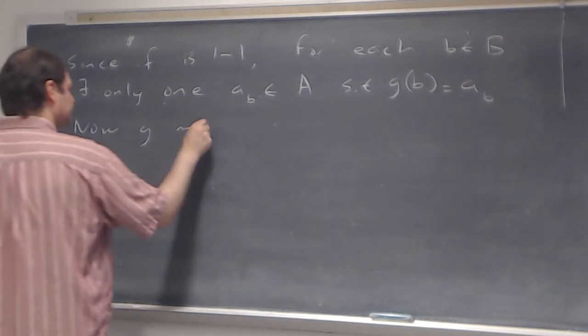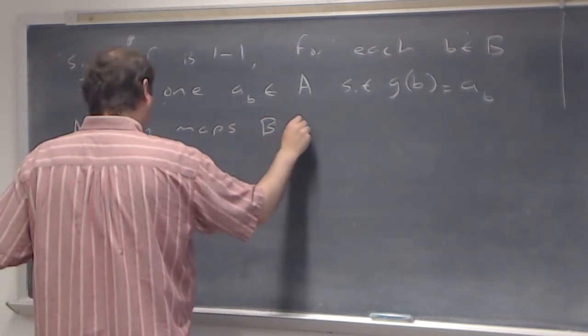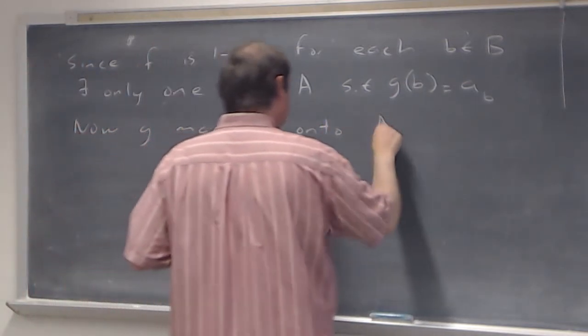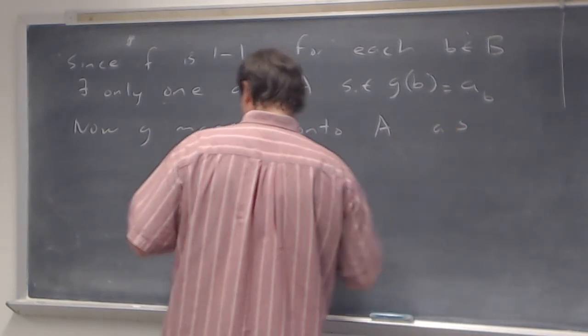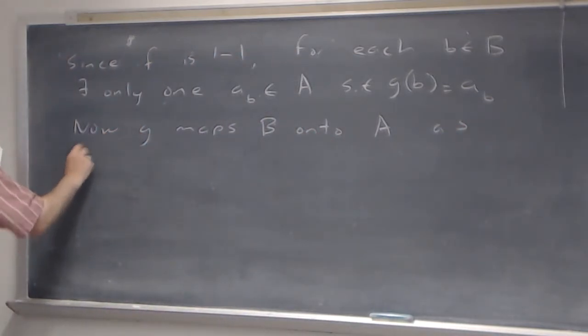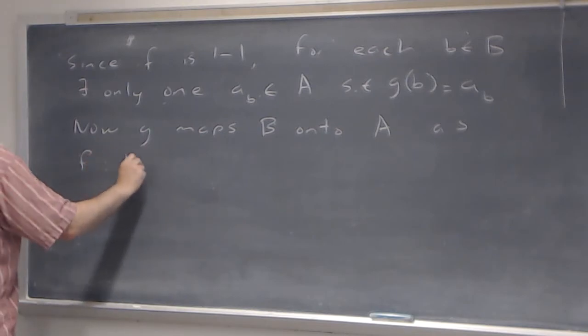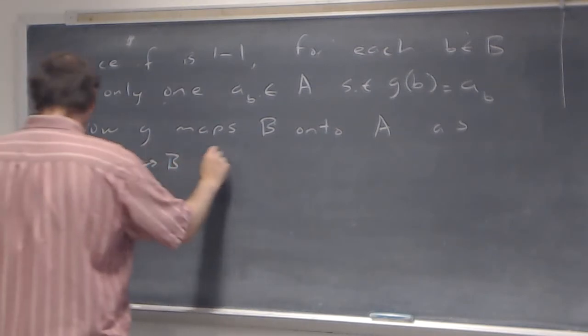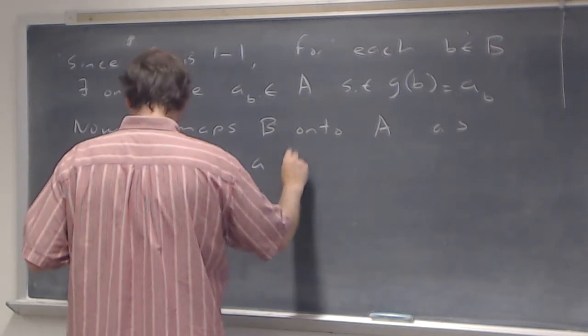Okay. All right. Now, g maps B onto A as f going from A to B is a function.